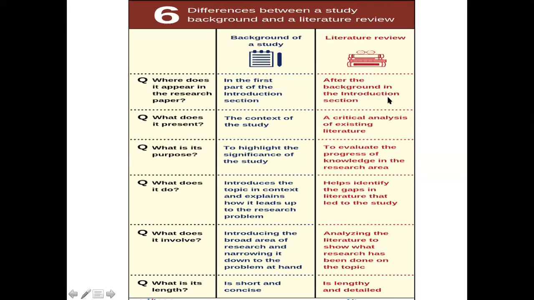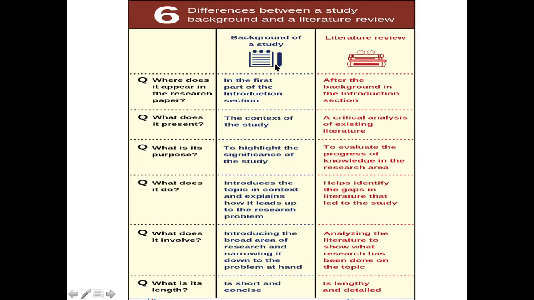We always read literature, and it doesn't mean that when you have done the study, you have collected data, you don't need to read literature. You still need to read further literature because there might be some new findings, new studies that come up in the literature, and then you need to compare yours with the most recent one. So literature review is always in progress from the beginning to the end of our thesis writing.